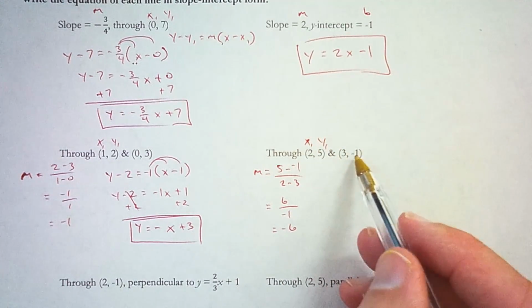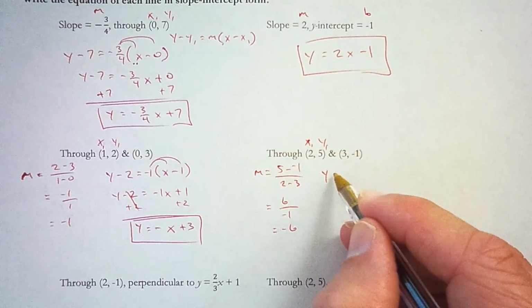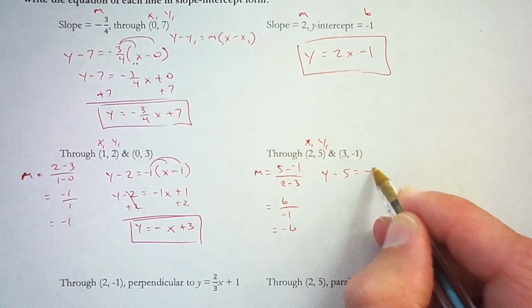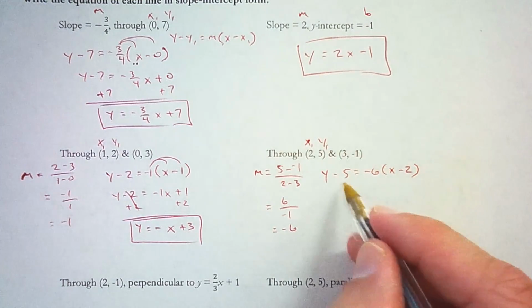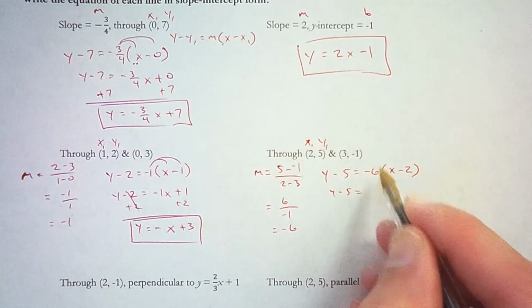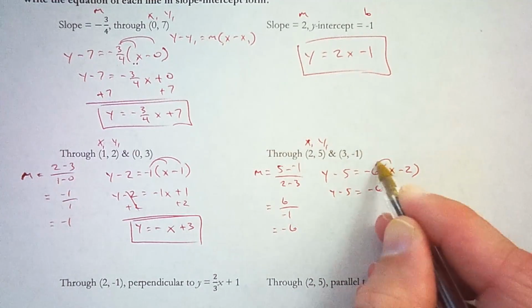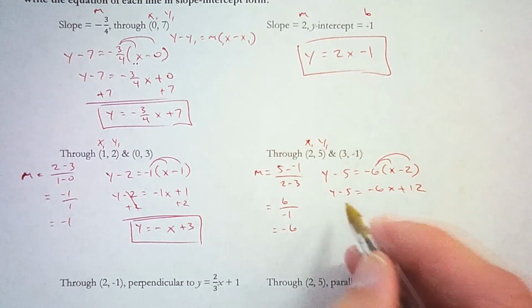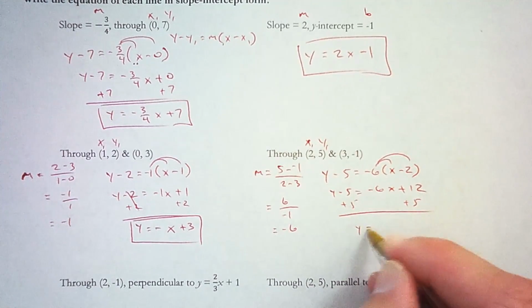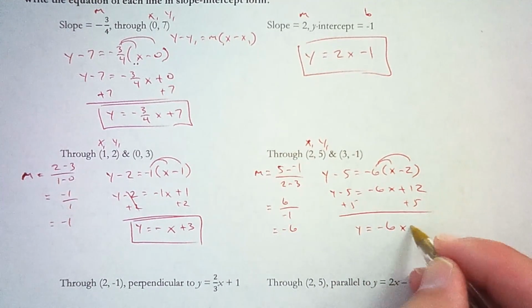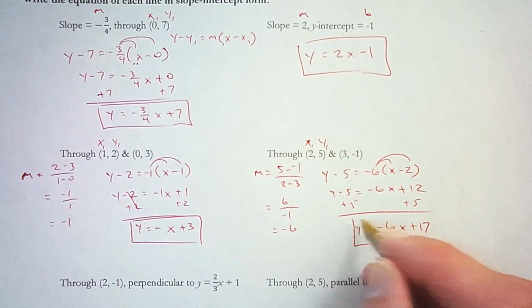Does not matter which point I choose, it will simplify the same. Y minus y1 equals m times x minus x1. So y minus 5 equals negative 6x plus 12. And let's add that 5. Y equals negative 6x plus 17.